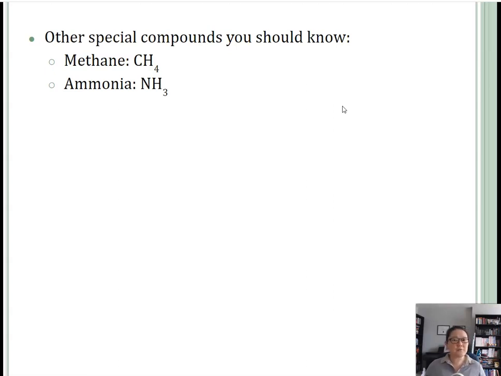Ammonia is different from the ammonium polyatomic ion. Ammonia has the A and no overall charge. It is a molecule, whereas ammonium, NH4, does have a charge, so it is an ion. Make sure you're being careful when this sort of thing shows up.